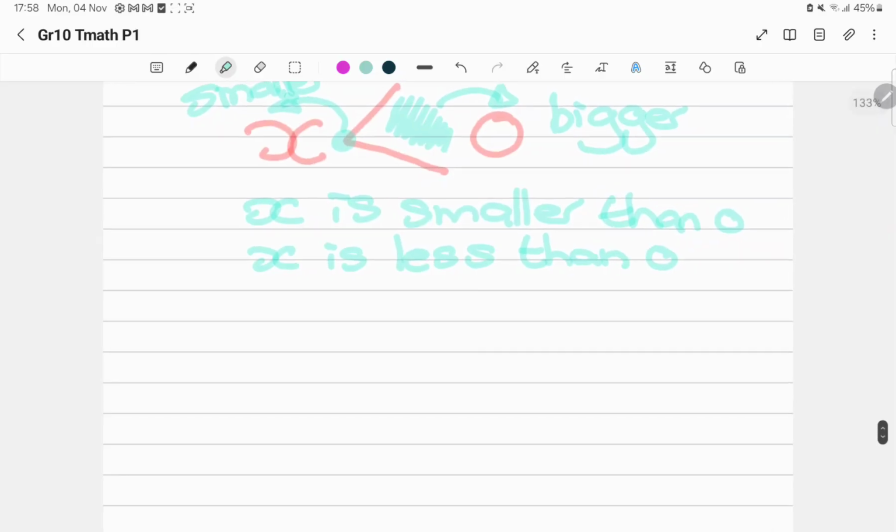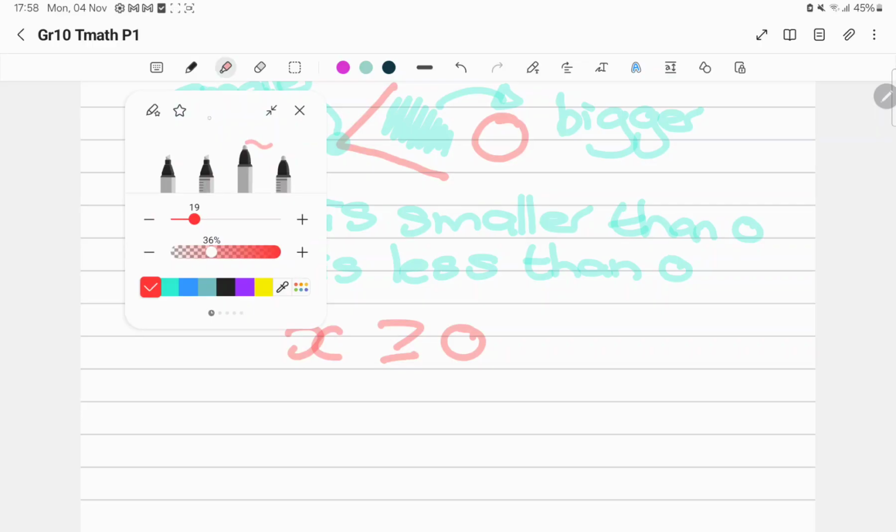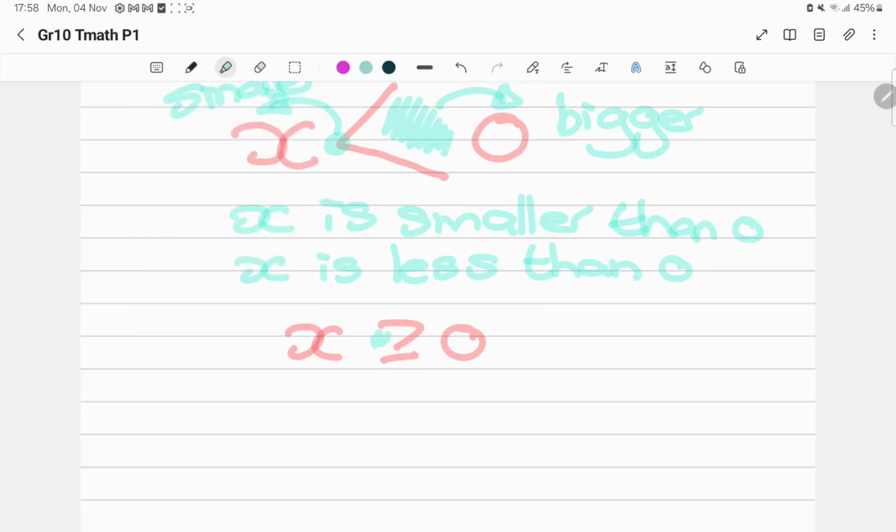Obviously if it was pointing the other way, let's put that here for interest's sake, once again I look at where the bigger part of my sign is pointing. It's pointing towards my x, which tells me x is going to be the bigger one. The point is pointing towards my 0, which tells me 0 is going to be the smaller part.